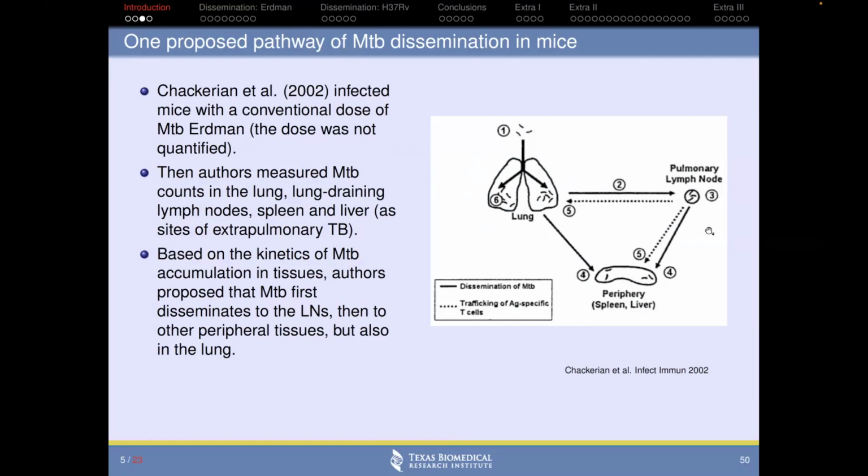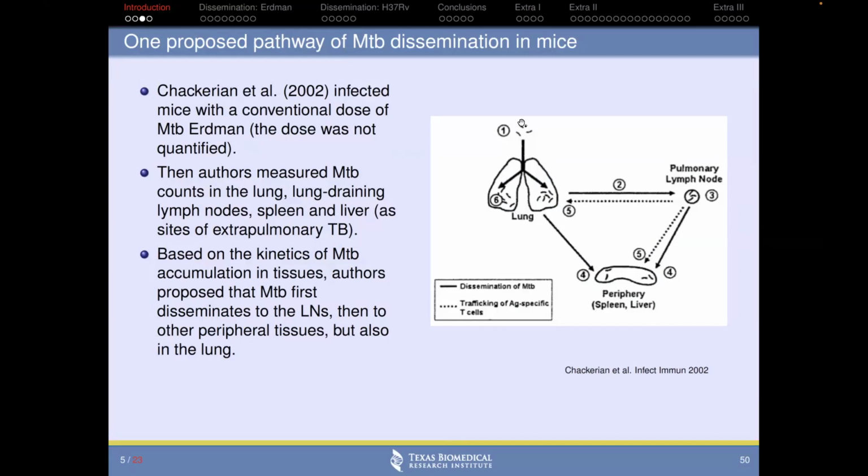Then they looked at pulmonary lymph nodes, so lymph nodes associated with the lung, and in the peripheral tissue, such as spleen and liver. And they counted how many bacteria are found in these different locations at different times. And they proposed that their data is consistent with this particular pathway.